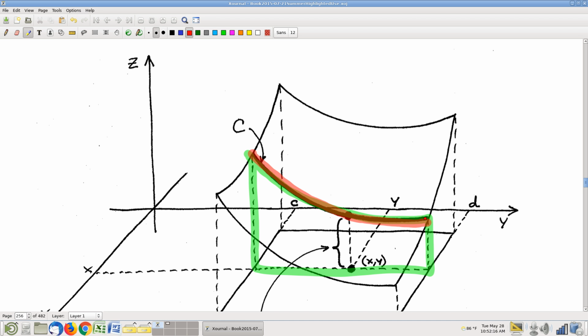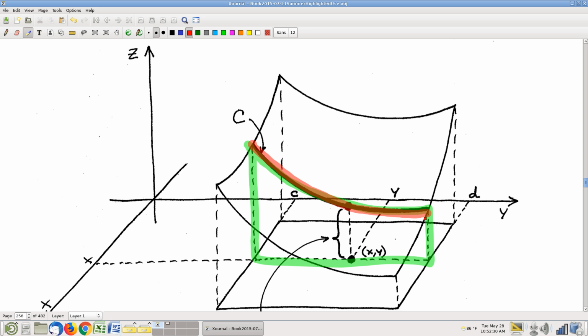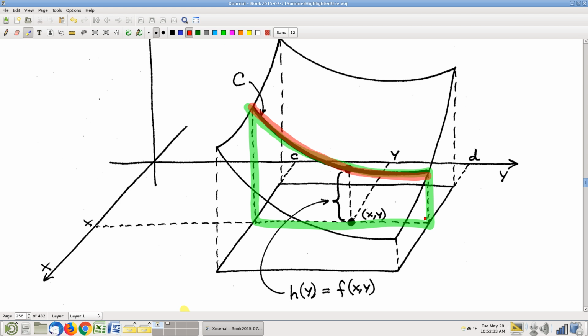And that, of course, is a visual knee-jerk, right? Area under a curve? Whoa, hey, I know how to compute the area under a curve. We've done a lot of that. So if you want to compute the area under a curve, what we need to know is the height as you move along. As you go from C to D, as this y coordinate goes from C to D, that describes where you are underneath that cross-section curve, and your height is given by that formula right there.